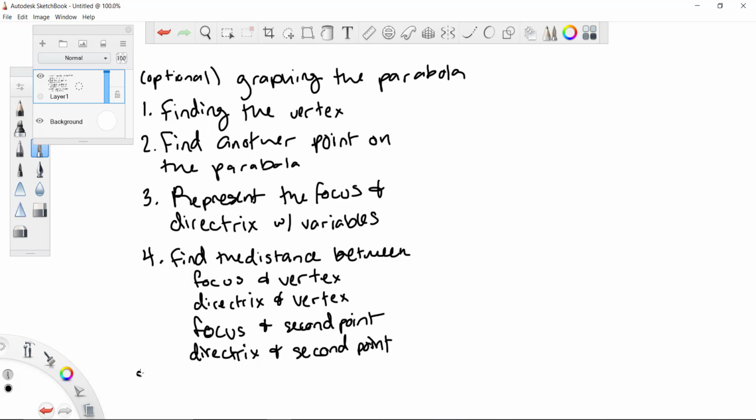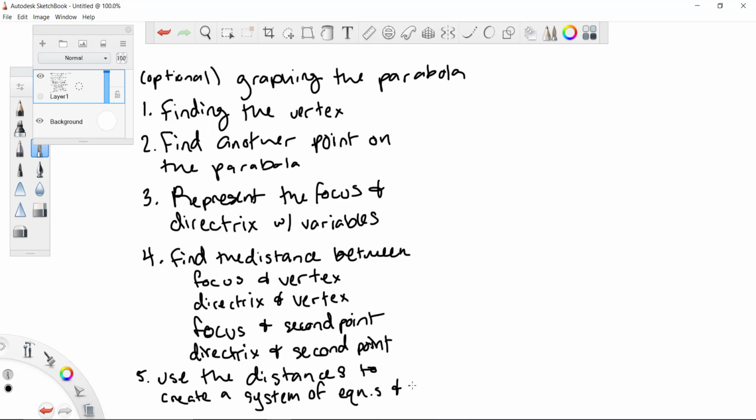And then we finish it off by using, or I should just say use, the distances that we found in 4 to create a system of equations and solve.